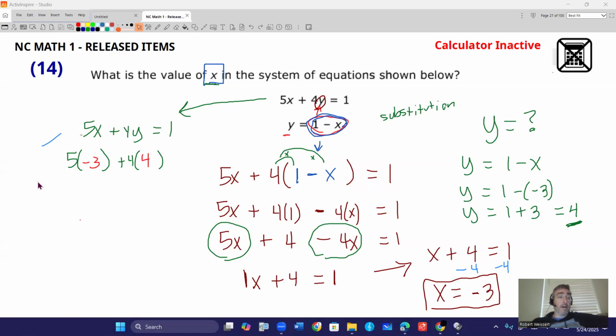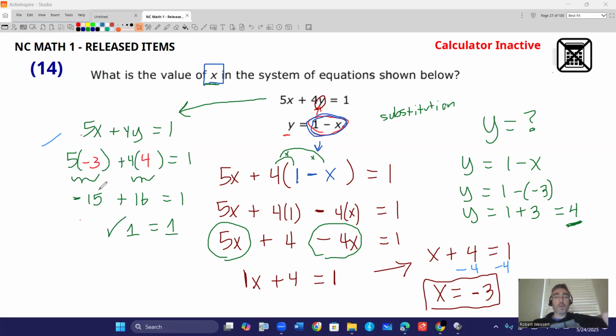And if I did my math correctly, that should equal 1. So let's do a little bit of math. 5 times negative 3 is negative 15. And 4 times 4 is 16. Does that give me 1? Negative 15 plus 16. Well, that's 16 minus 15. So that is indeed 1. So I know that that checks. I've done my math correctly.